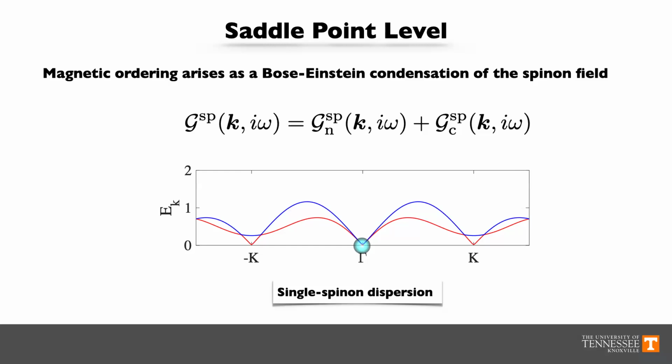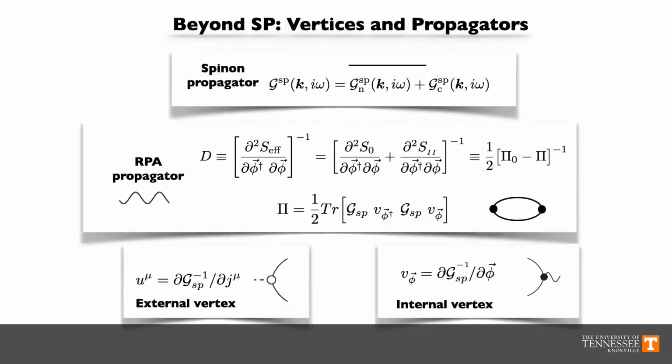So this is basically the dispersion relation of the single spinons that you get at the quadratic level. And if you want to go beyond the saddle point, you need to construct your diagrammatic technique, for which you have two types of propagators, the single boson propagators and spinon propagators, and also the propagators of the Hubbard-Stratonovich fields, which is basically the inverse of the fluctuation matrix associated with this action that I was describing before.